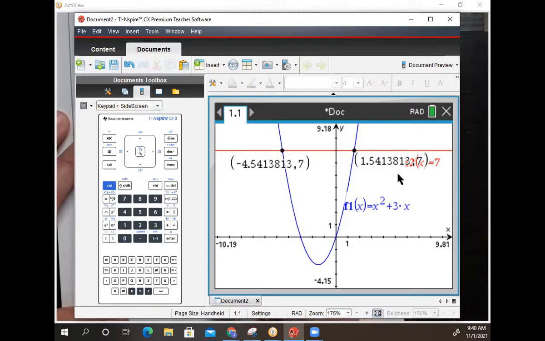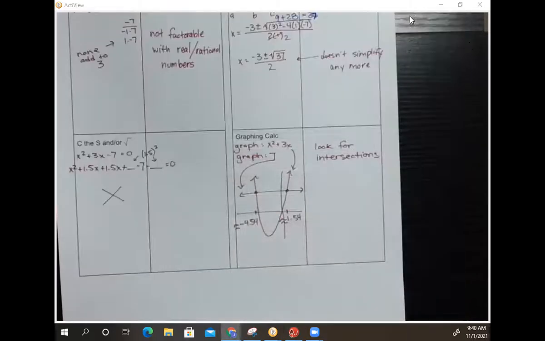So we'll do negative 4.54 and 1.54 approximately. Again, since those are decimals and I'm rounding, these are approximations.